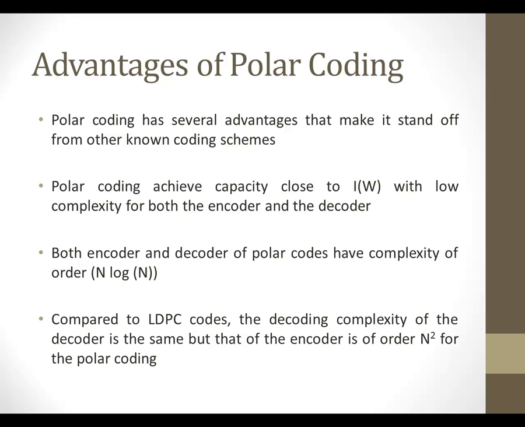Mainly we compare polar codes to LDPC codes, and it shows that the decoding complexity of the decoder is the same in both cases, LDPC and polar codes, but that of the encoder is of order n squared for LDPC. Thus, it gives polar coding an advantage over LDPC.